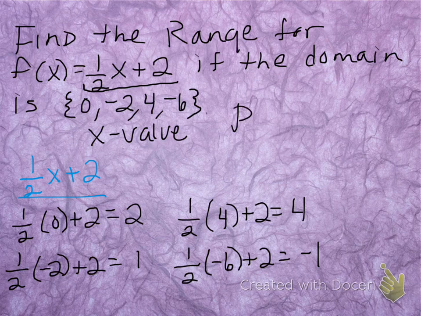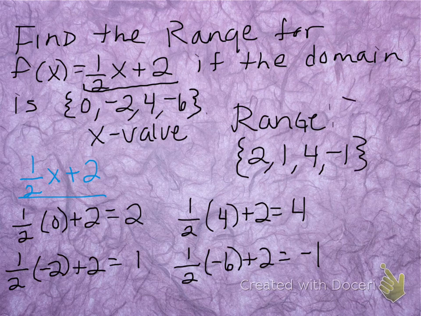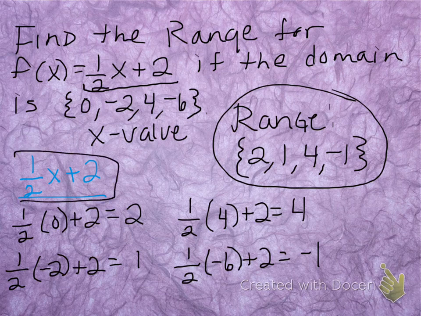So your range for this problem is 2, 1, 4, negative 1. Once again, all we did was look at our original problem, 1/2 x plus 2, and we plugged our x values into the problem.